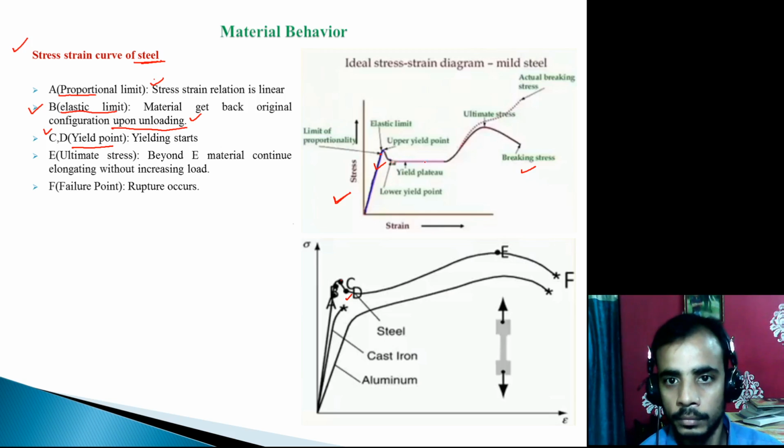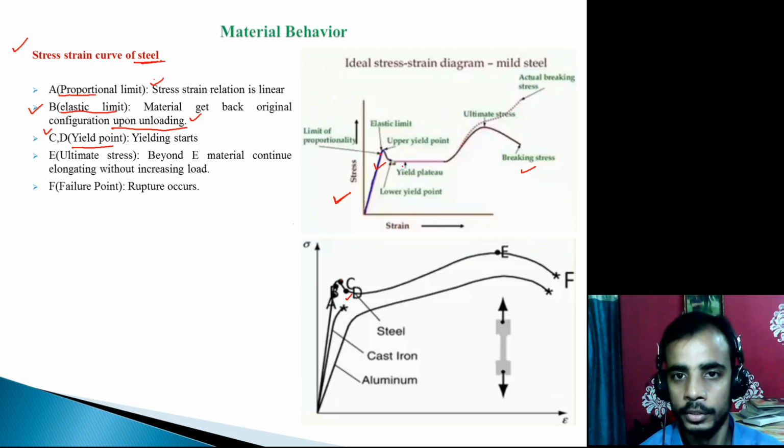Then if you increase the strain there is no increase in stress, and that is called the strain hardening phenomenon. In this region the strain hardening phenomenon happens, so at this region the material becomes hard.